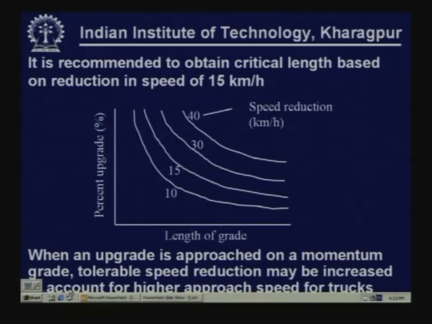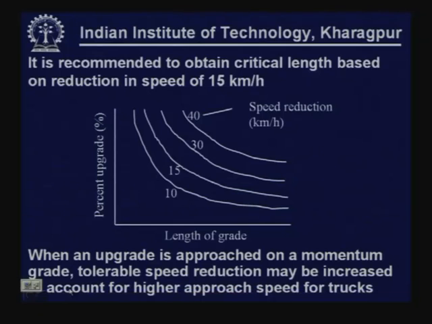That means, earlier we were using 15 km/h as the basis. Now, if there is a momentum grade, then the tolerable speed limit may be adjusted. Maybe instead of 15, one may take the reduction as 20 km/h.